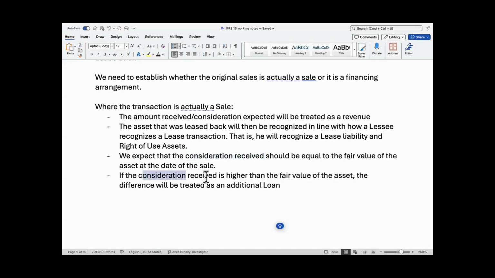So why is it not the same as the fair value? If you have received much more, that means the buyer is giving you that extra money as a loan. Why will he give you more than the fair value, which is supposed to be the selling price? We are going to treat it as an additional loan. That is how you're going to treat it.